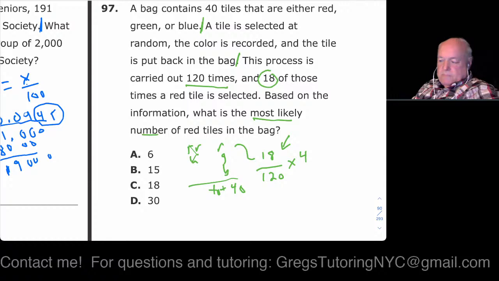All right? We have 40 tiles, and we're going to multiply them by the experimental probability of pulling a red. That's what we're trying to figure out. All right, I see a question.